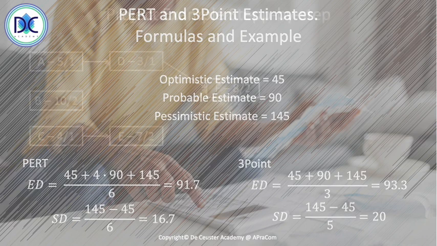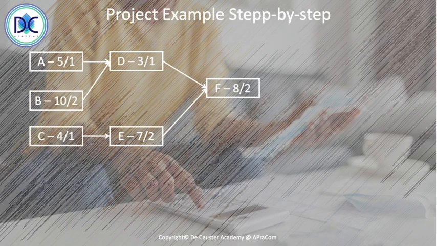Now we can do this on a project. We have a project example here. I have here 6 activities, A up to F, and the first number of the activity is the expected duration of that activity, let's say periods or days, and the second number is the standard deviation.